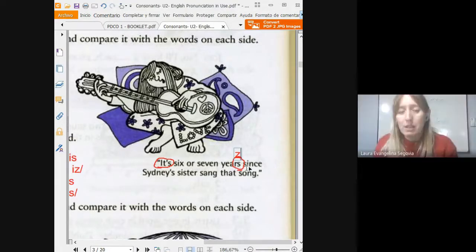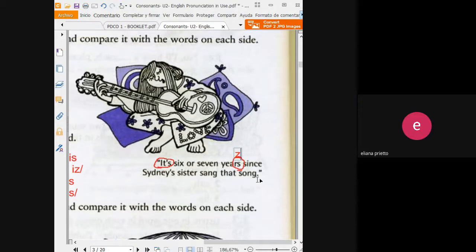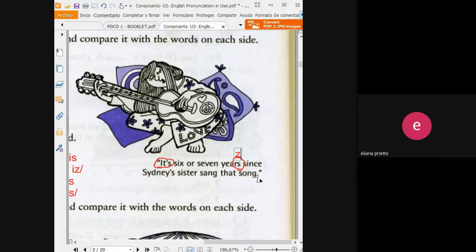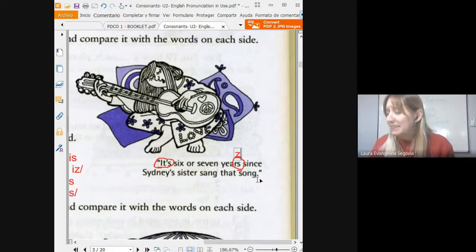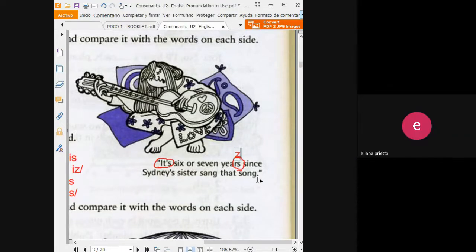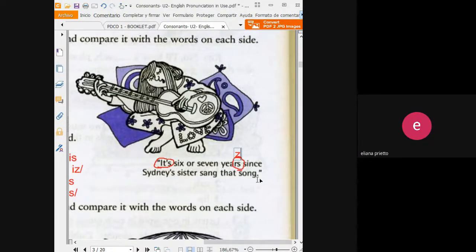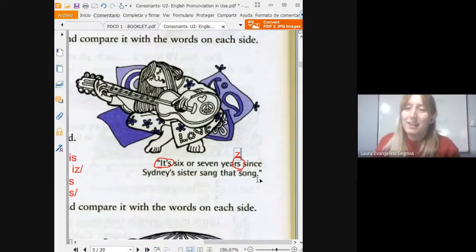It's 6 or 7 years since Sydney Sister sang that song. No, I can see it, but I have it in my computer. Okay. It's 6 or 7 years since Sydney Sister sang that song. Again. That's it. Good. Very good.